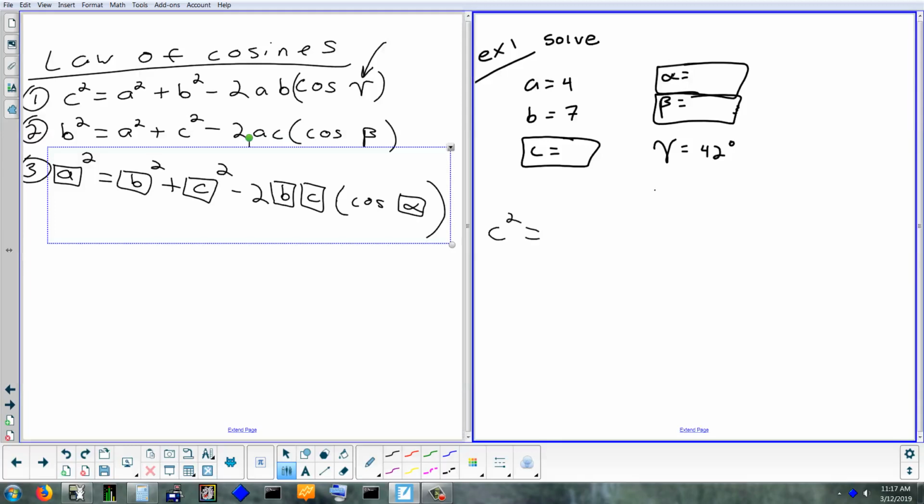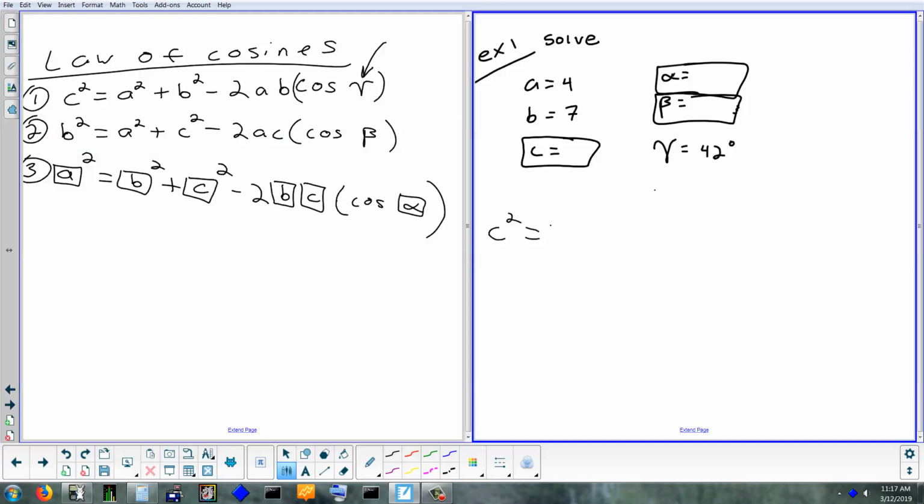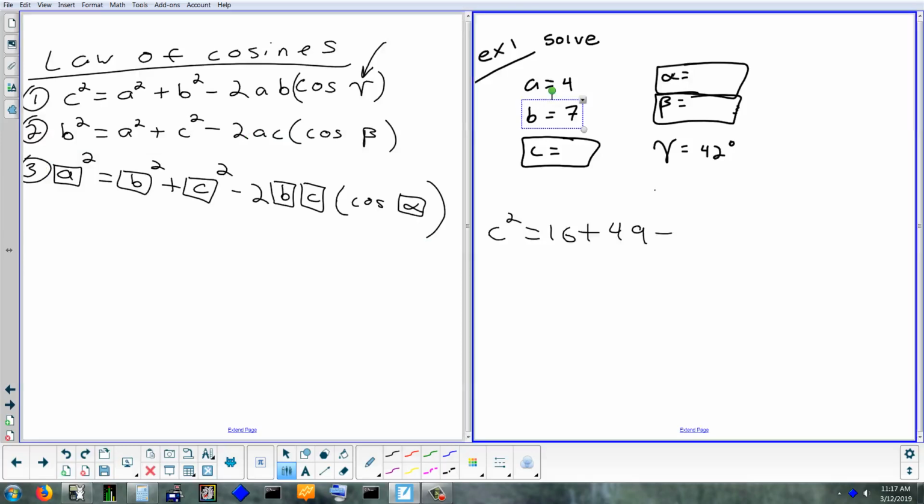C squared equals A squared plus B squared, 4 squared plus 7 squared, minus 2 times A times B. What's 2 times 4? 8 times B. 8 times 7? 56 cosine 42. Now, there's no parentheses.